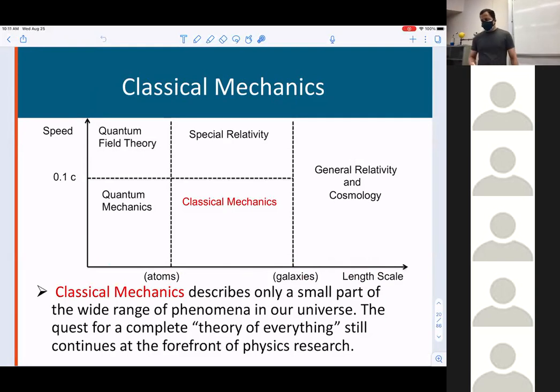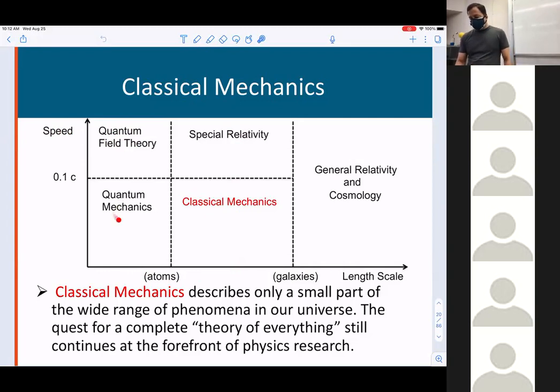So for example, quantum field theory is a theory that describes really well the physics when you are at very small distances, subatomic scales, and these elementary particles are moving at very, very high speeds. That's the language of particle physics, for example. Special relativity works, again, in the high speed limit, but when you're dealing with macroscopic objects, so you're not dealing with the complication of quantum mechanics.